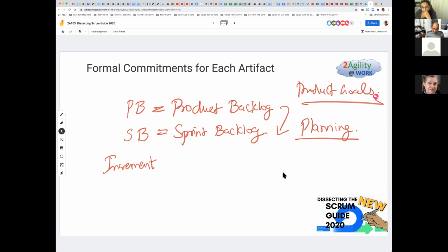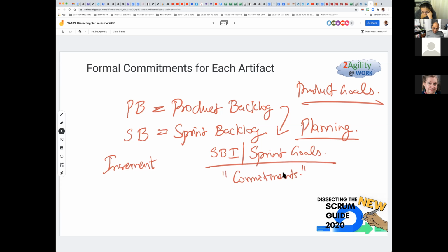We derive a sprint backlog, the list of items that we plan to do in the sprint, also called sprint backlog items. And we have a theme for the sprint, which is the sprint goal. So the sprint goal is the commitment for the items that we do in the sprint.